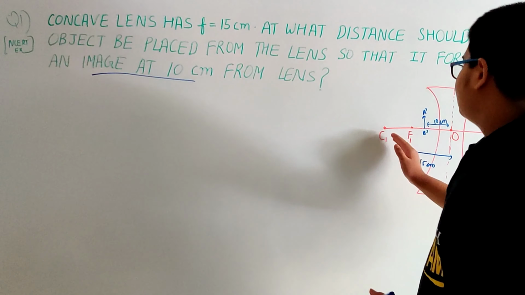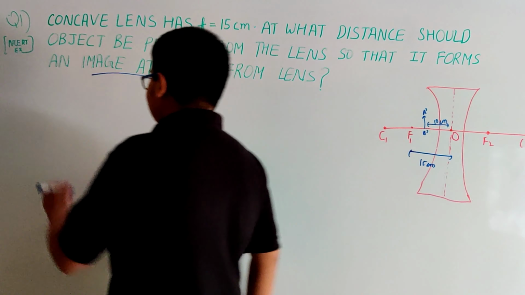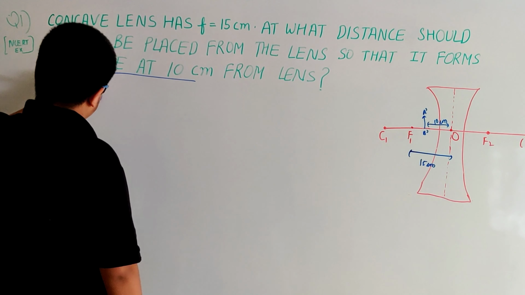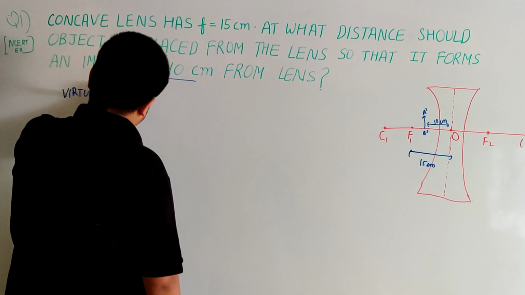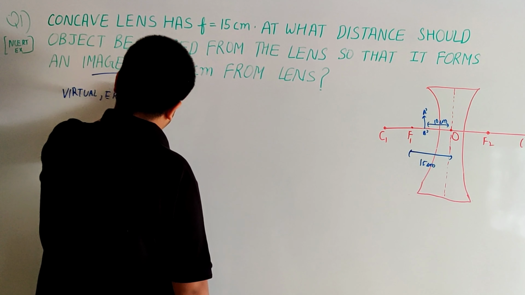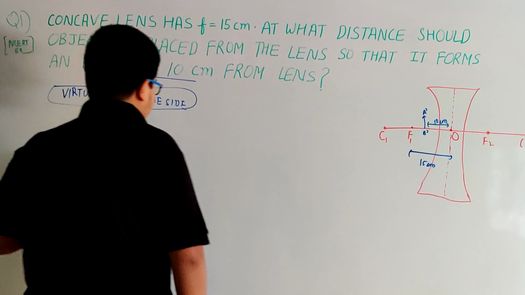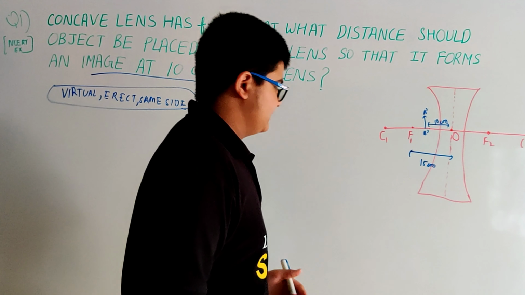So the object will also be on this side and the image will also be on this side. Also, the image is virtual and the image is erect, and it is on the same side as the object. These are the properties of the image whenever an image is formed by a concave lens.